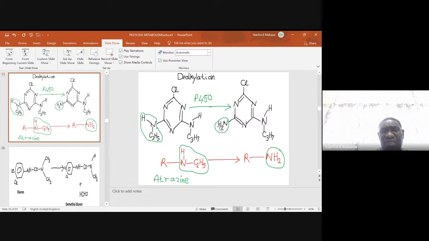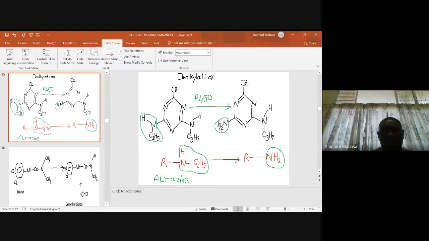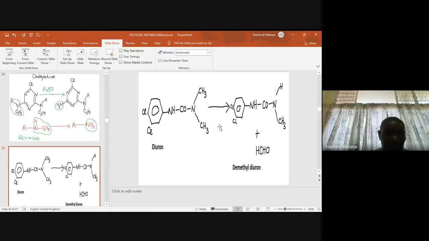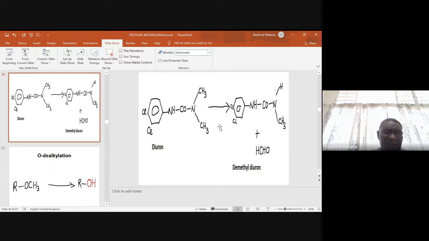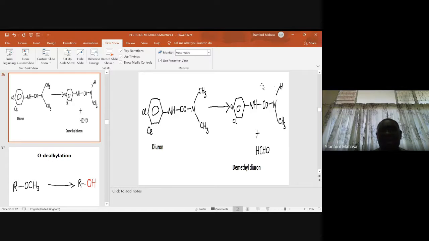But in other compounds, cytochrome P450 is responsible. Now we also have diuron, a herbicide where we can actually remove CH3 here. That is the process of dealkylation, and add an H there. It's known as N-dealkylation.